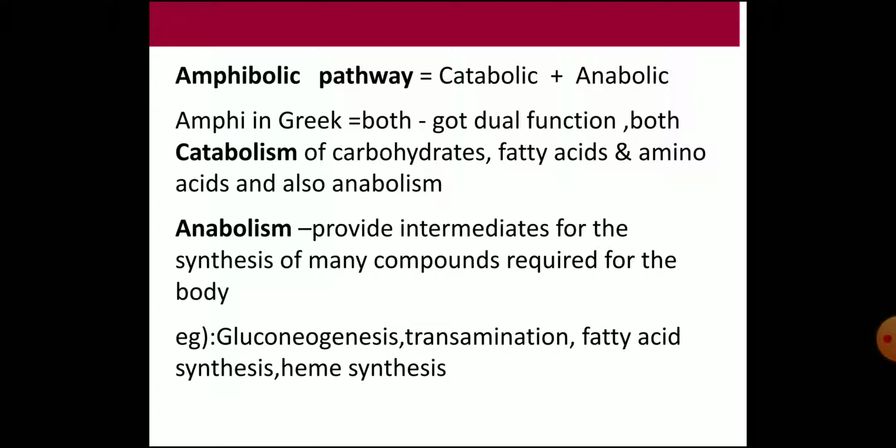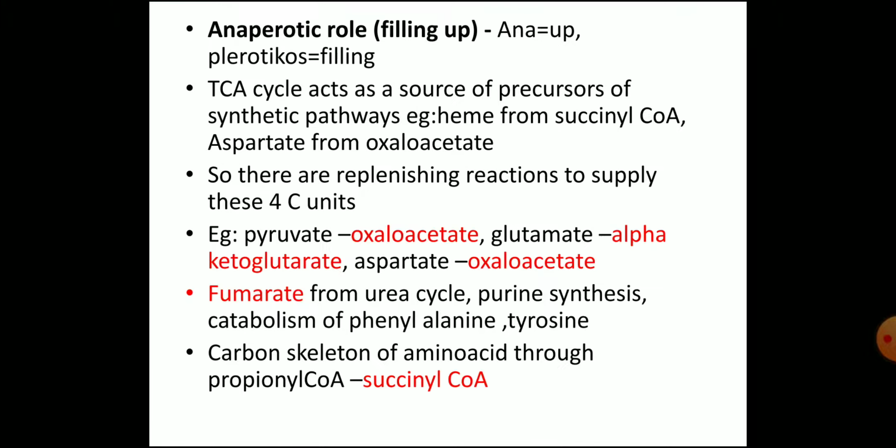Important compounds are glucose, by gluconeogenesis, then transamination, that is, non-essential amino acids can be synthesized, and fatty acid synthesis can occur, then heme synthesis, which we have already explained, with succinyl-CoA used for heme synthesis. Okay, so that is the anabolic part.